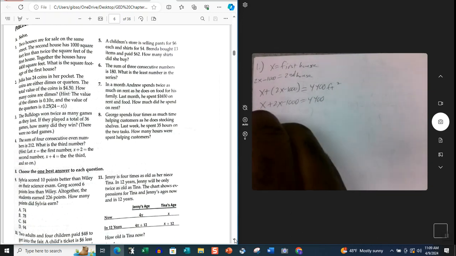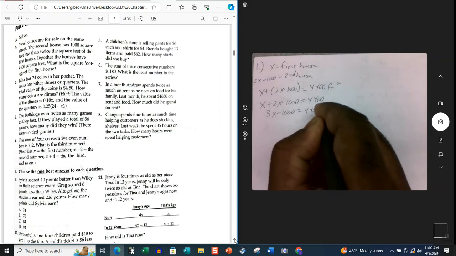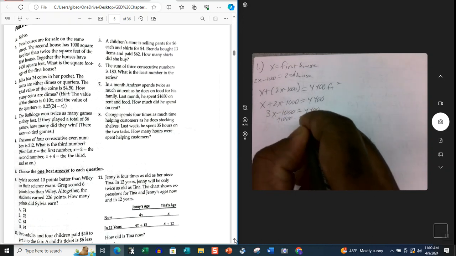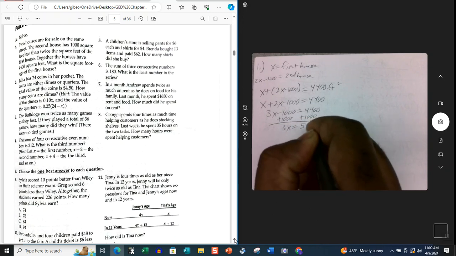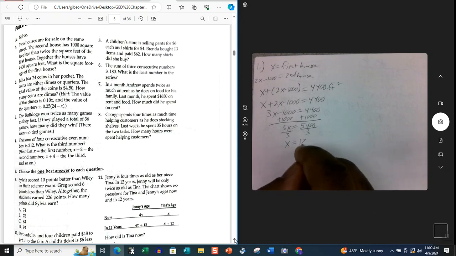Now we combine like terms. This would be 3x minus 1,000 equals 4,400. Now we would add 1,000 to both sides. So 3x is equal to 5,400. Divide each side by 3. And x is equal to 1,800.